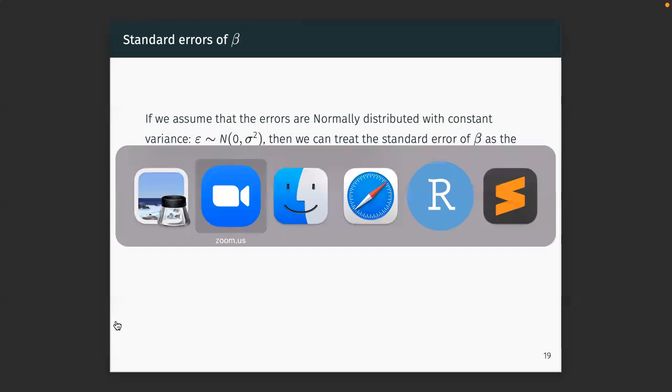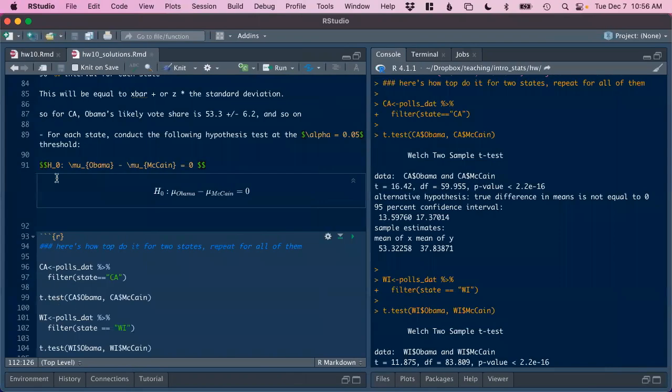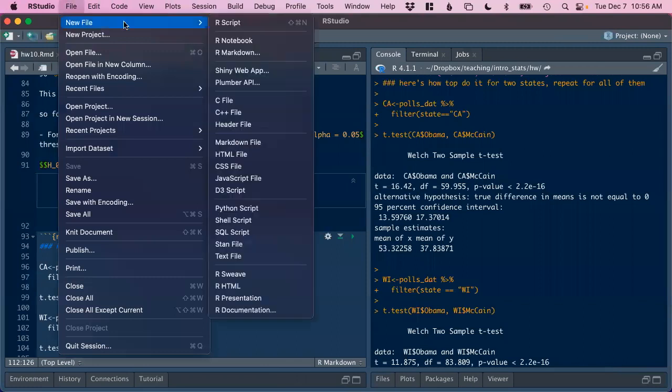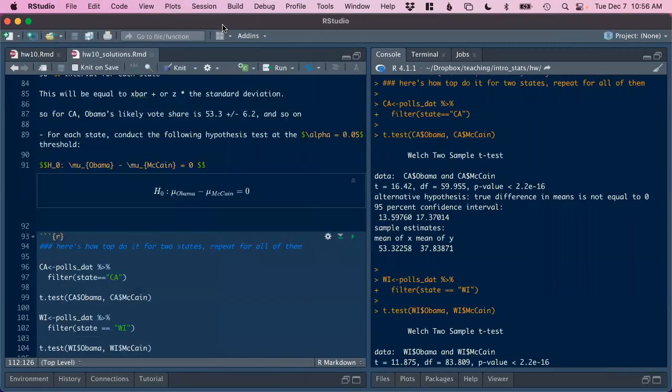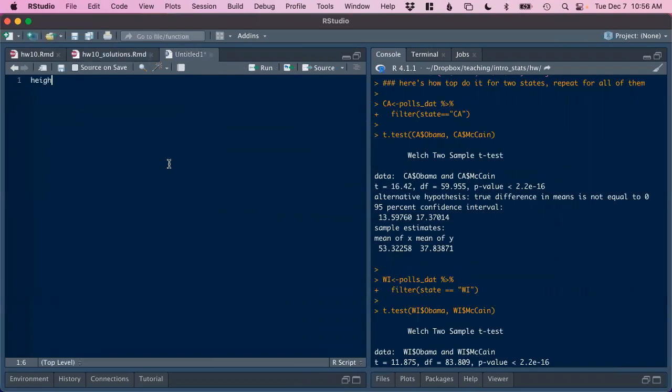Let's say heights follow a normal distribution, and the average height is 5'6", which is 65 inches.